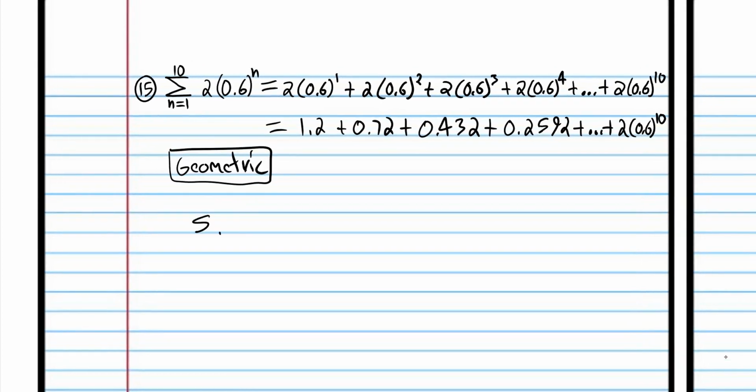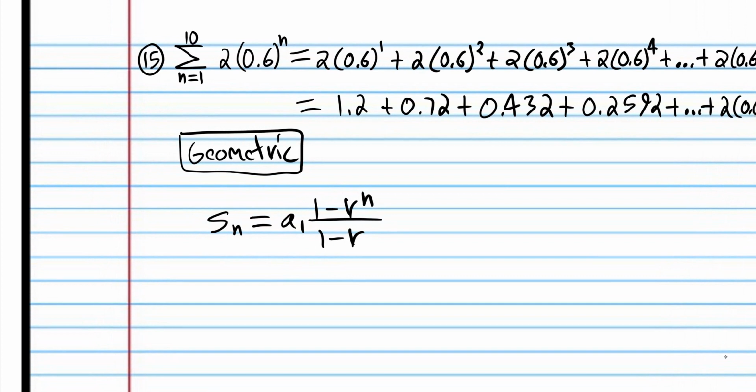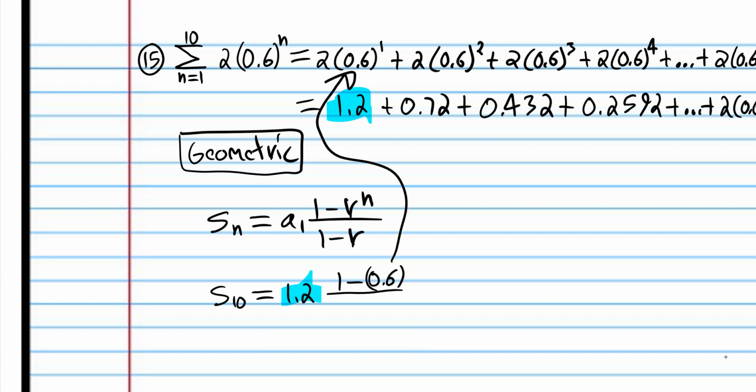So that means that we're going to use our formula for the sum of the first n terms of a geometric sequence. And we're adding up 10 terms, and the first term is 1.2. So I got that from there. And the common ratio is 0.6, and we can actually see the common ratio in the expression.